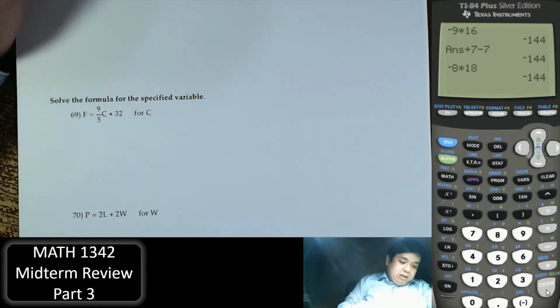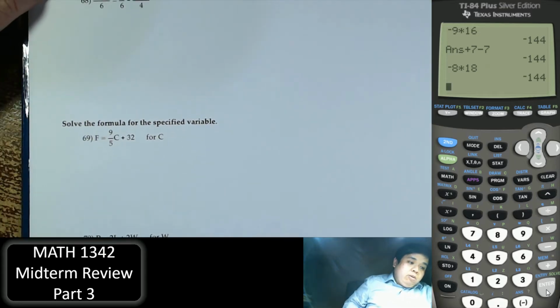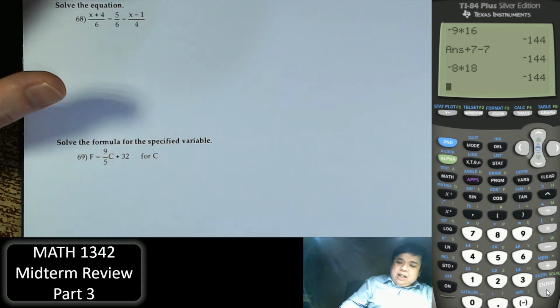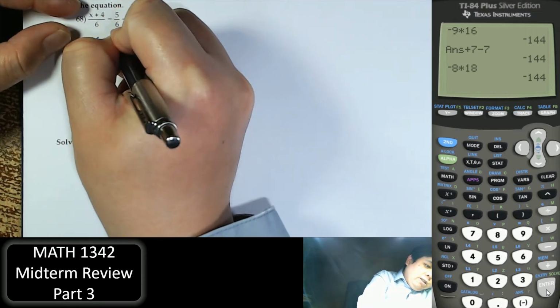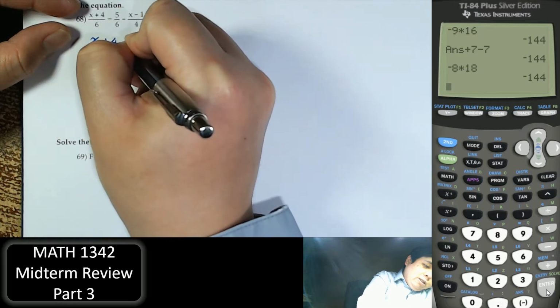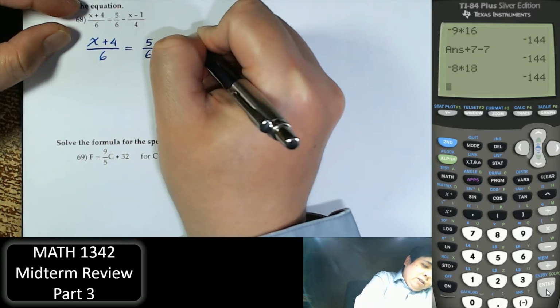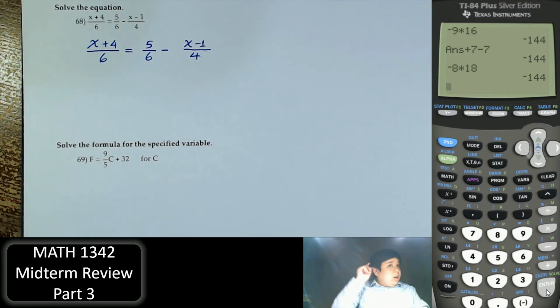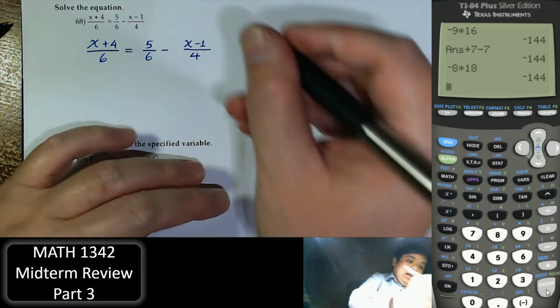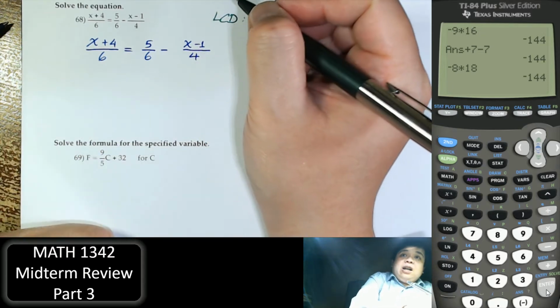Another linear equation. Solve the equation. In this case, I will try to get rid of the fractions. So we multiply a number on both sides to get rid of the fractions, and that number is the least common multiple or least common denominator of 6 and 4.